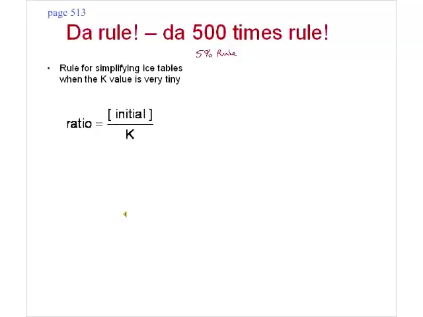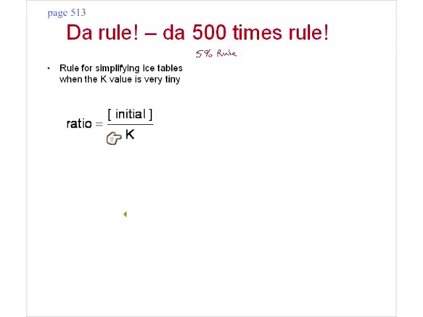That is something called the 500 times rule, or the 5% rule. This is dealt with on page 513 of your textbook if you want some background information. The way we simplify is we look at the ratio of the initial concentration divided by the equilibrium constant. They'll give you an initial value and a K value.